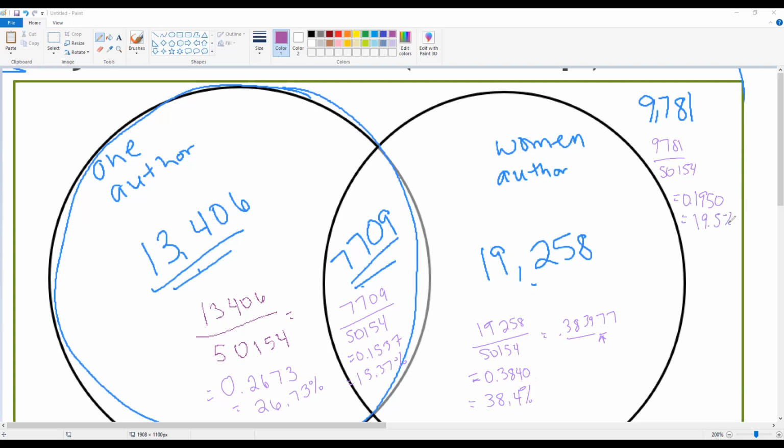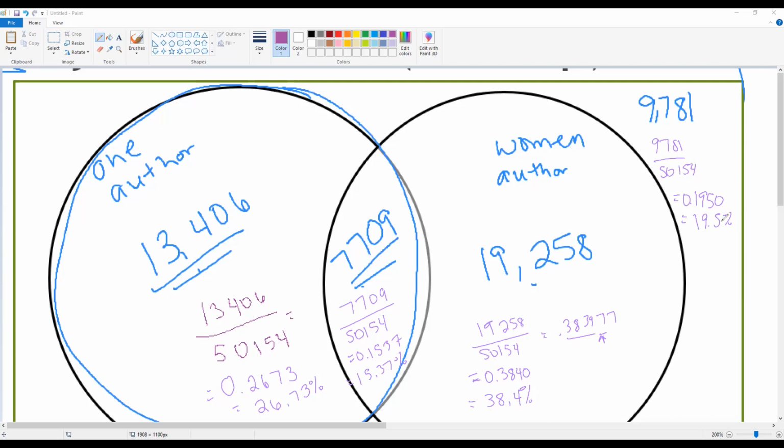19.5%. So now we know that about 15% of the articles were written by a single female. About 26% were written by one author who was not a woman. 38% were written by more than one author, and at least one of them was a woman.